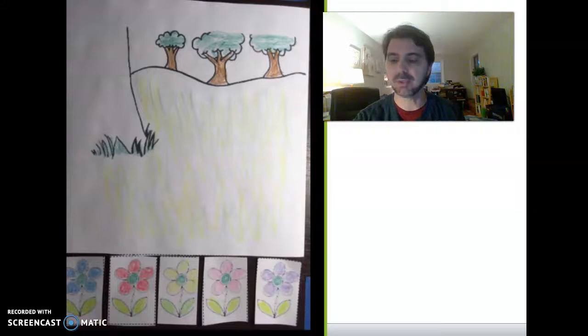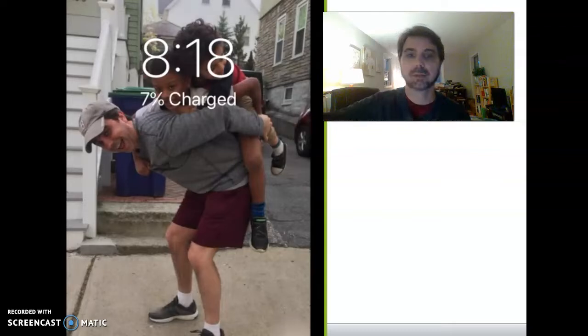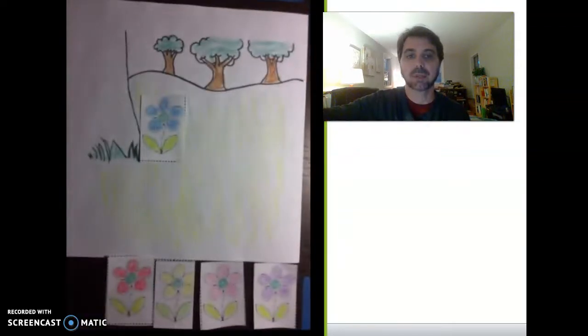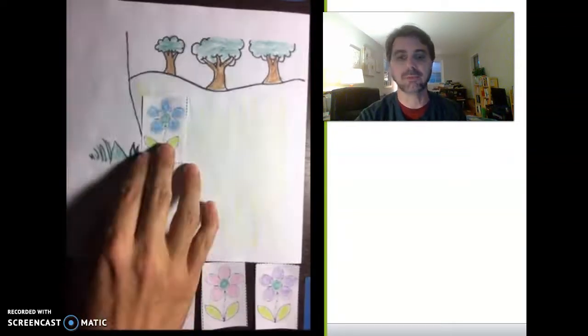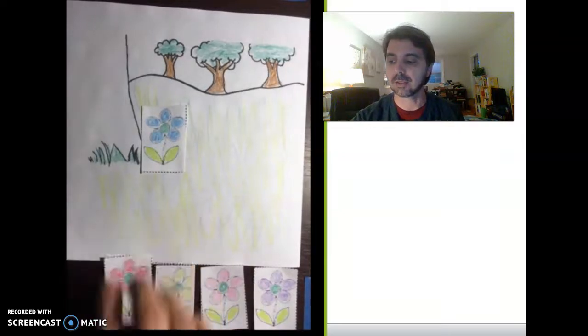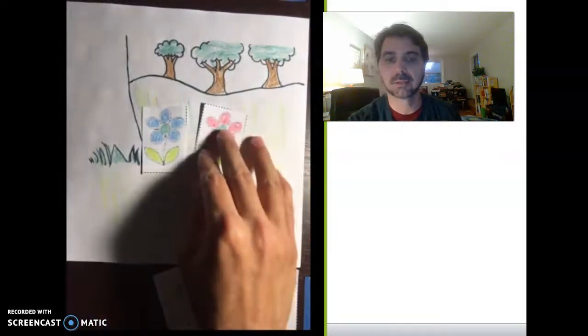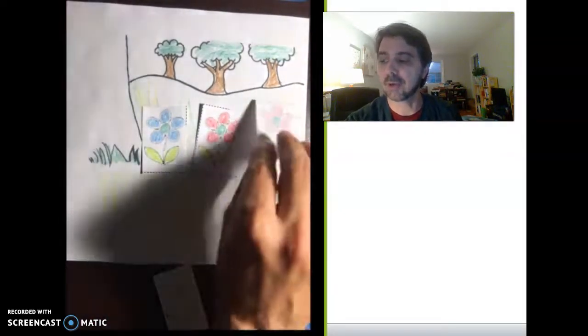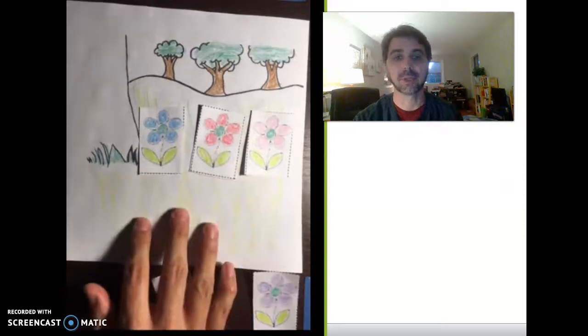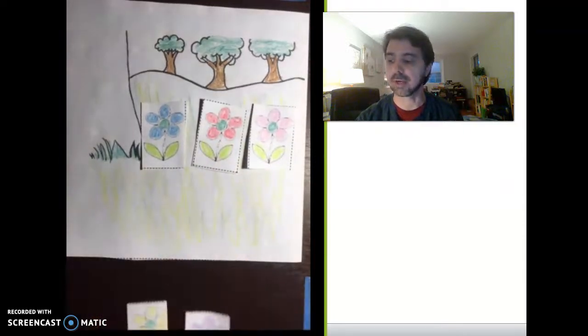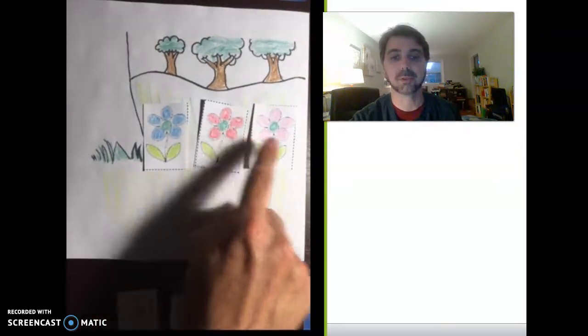So let's say we put some flowers in our field, and let's say that we have a blue flower and a red flower in the field and a pink flower. So we have 3 flowers that we're using right now. 1, 2, 3.